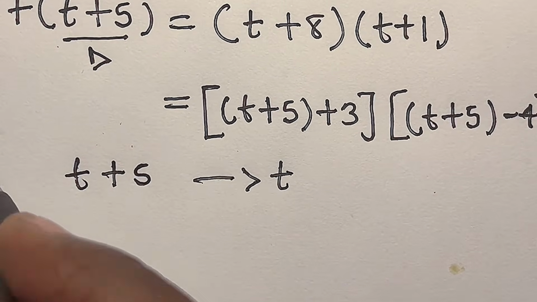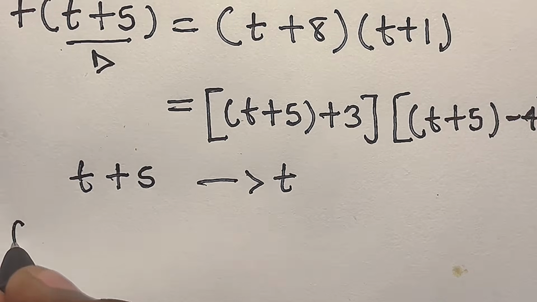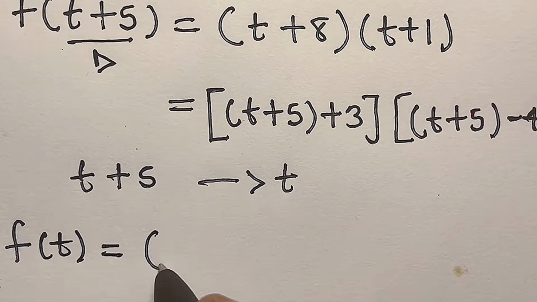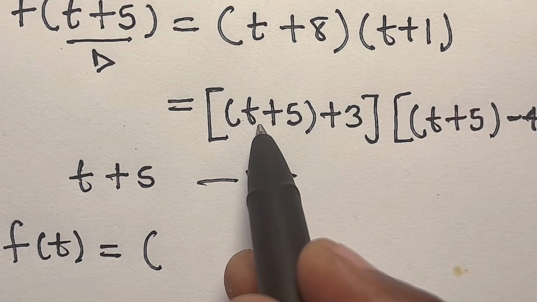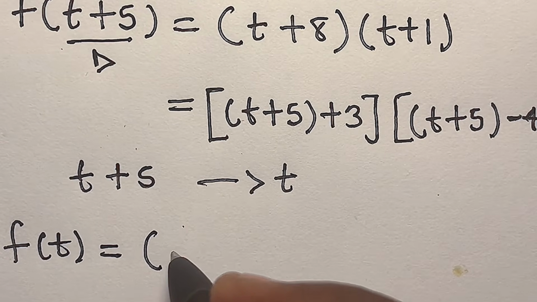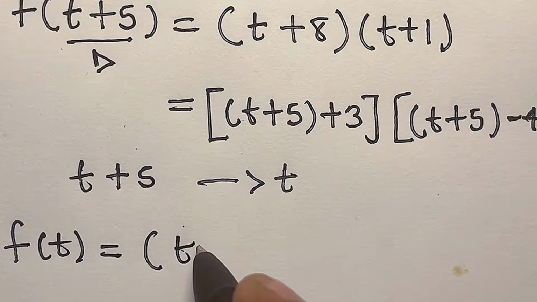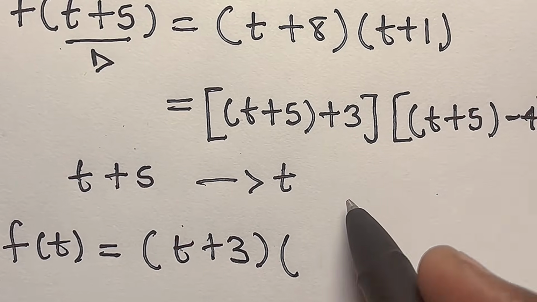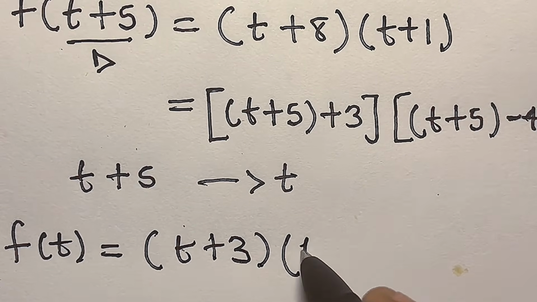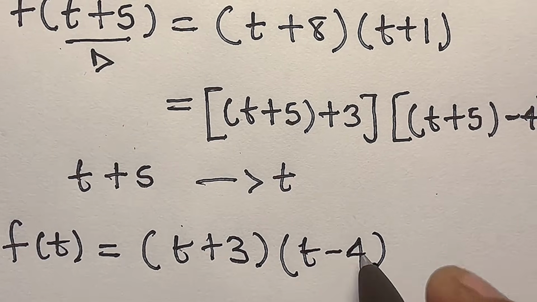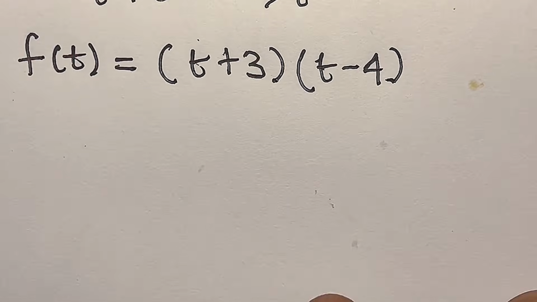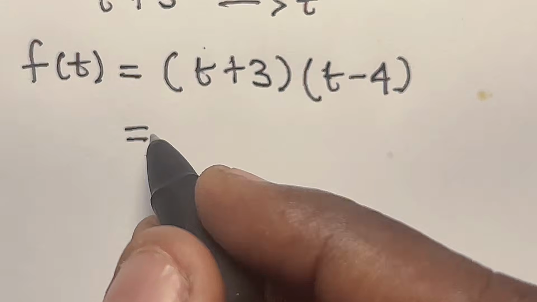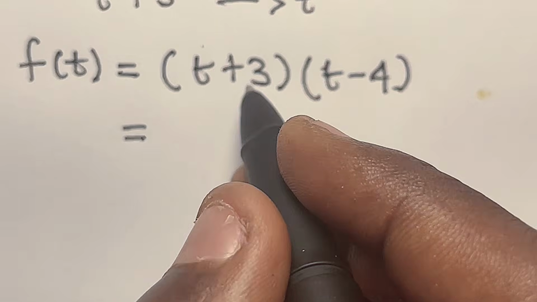So we are going to have f of t equals, we have t plus 5 here, so we have t plus 3. Here also we will have t minus 4. All right. So now we expand this.